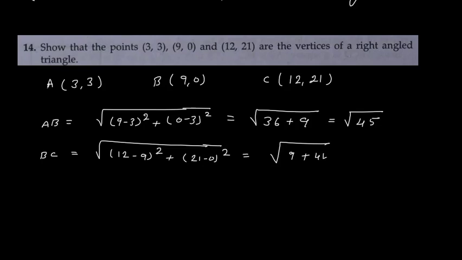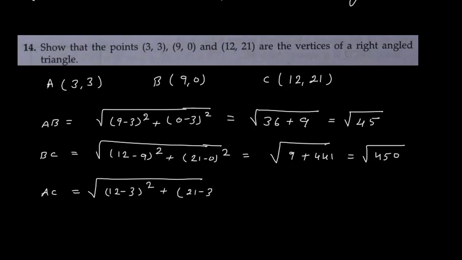So 21 squared is 441. So this becomes 450. And finally this AC is square root of (12 - 3) the whole square plus (21 - 3) the whole square.